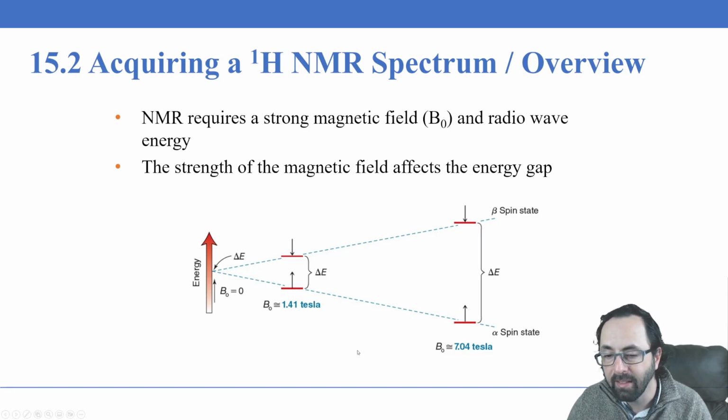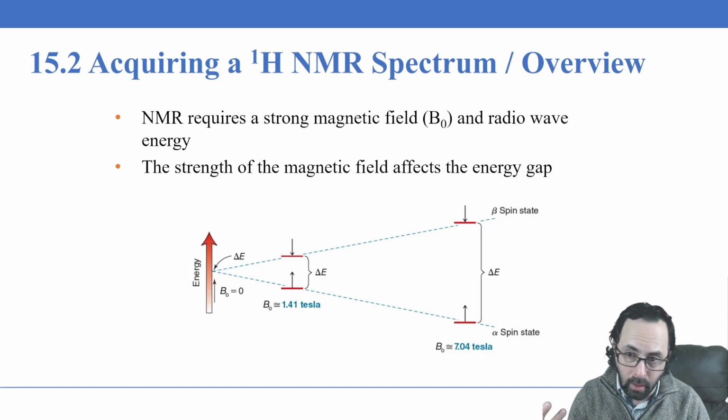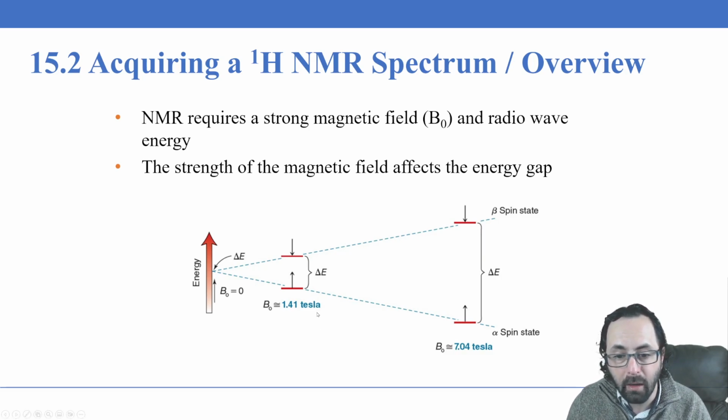So that said, NMR devices can operate on different magnetic fields. Generally, a stronger magnetic field will give us better spectra in which the peaks are easier to separate or to see apart. We say that it will have higher resolution. And so better NMR spectrometers have higher magnetic field strengths. And magnetic field strengths are measured in a unit called Tesla.